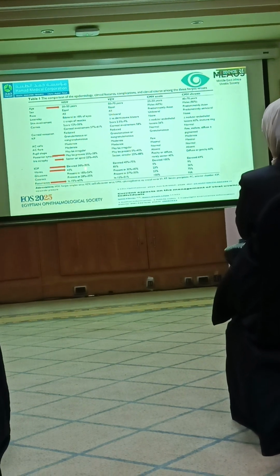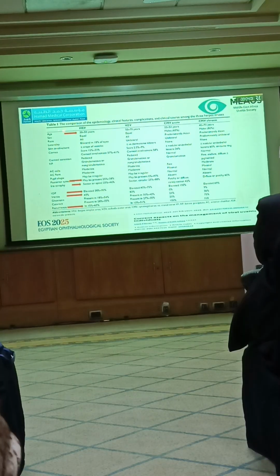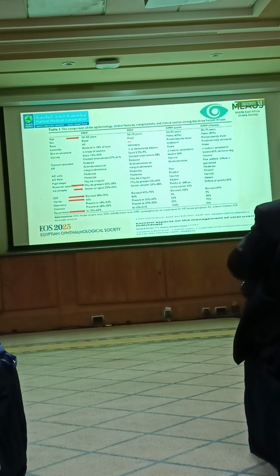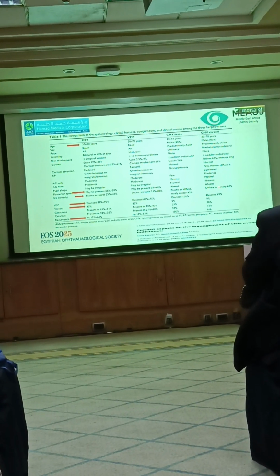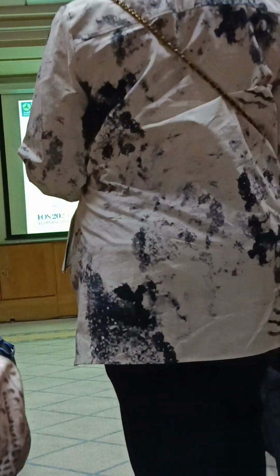This table is nice to illustrate some of the differences that we talk about. The age is mostly younger in herpes simplex, higher in PCV, and then chronic CMV. The posterior synechiae is absent in both CMV chronic and acute.